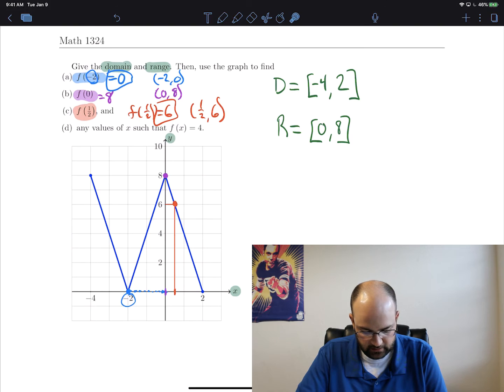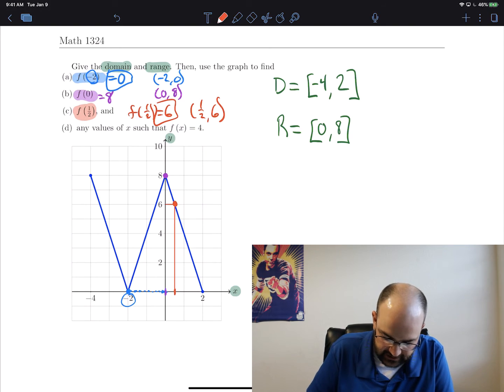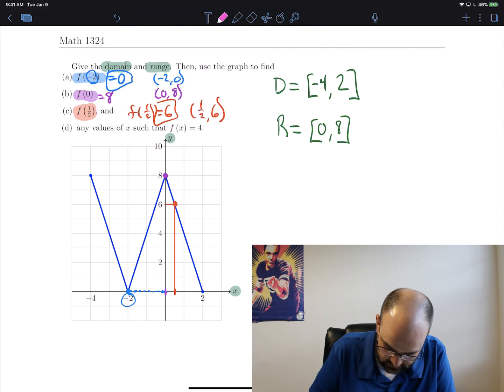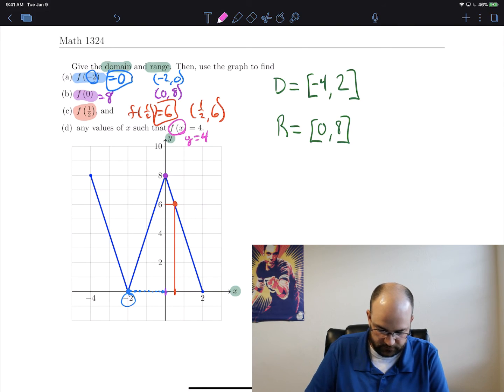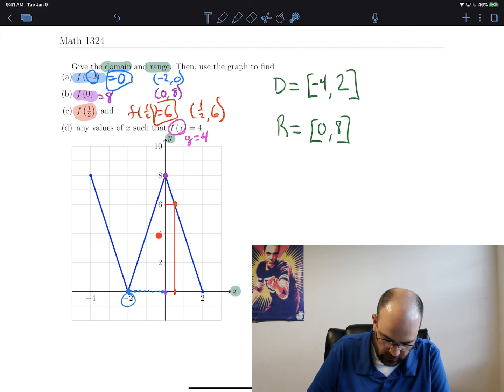As for letter D, it is a little bit weird because it says any values of x such that f of x equals 4. Now remember, f of x is the y value. In other words, we want to know when is y equal to 4. Well, notice that we have the 4 right here for the y.